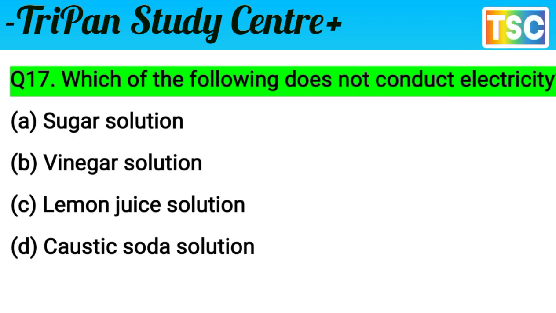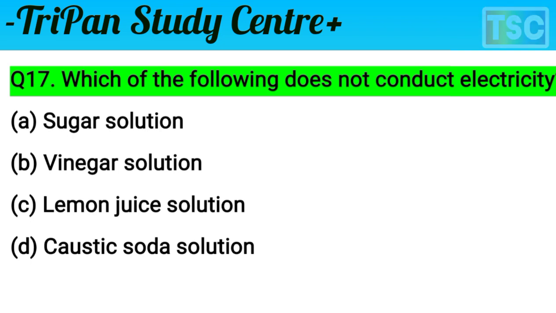Option A is sugar solution, B is vinegar solution, C is lemon juice solution, and D is caustic soda solution. You know that this question is very interesting. Which of the following does not conduct electricity? Sugar solution does not conduct electricity.